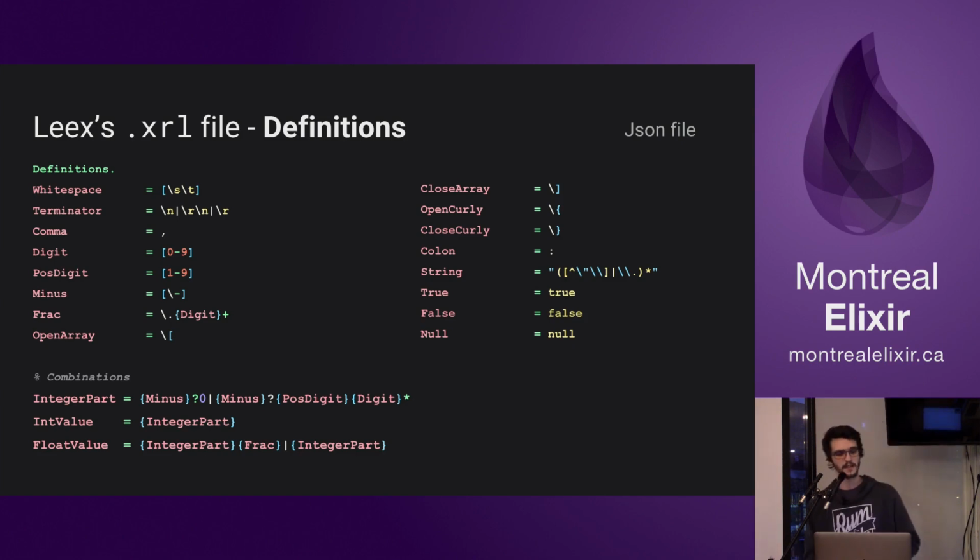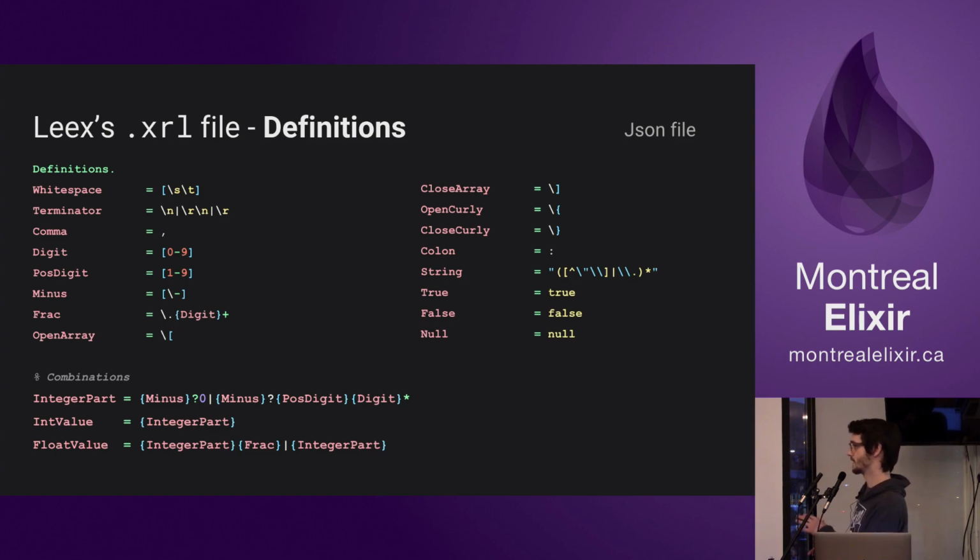The rules part is what will tell Leex how to handle the tokens. Whitespace and terminator will be skipped, obviously, because we don't need them. Then we'll have the token comma, which is a token. We will cast the chars into an atom. The int will be cast into an int, the float into a float.